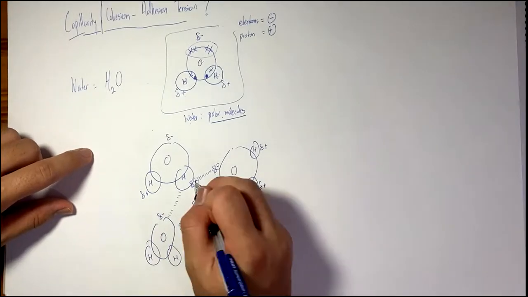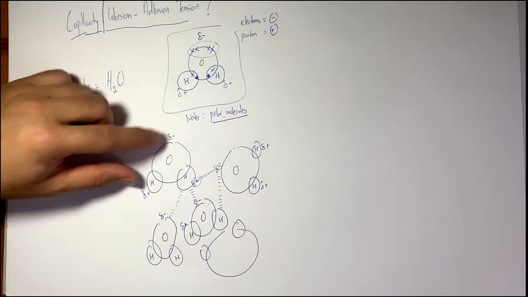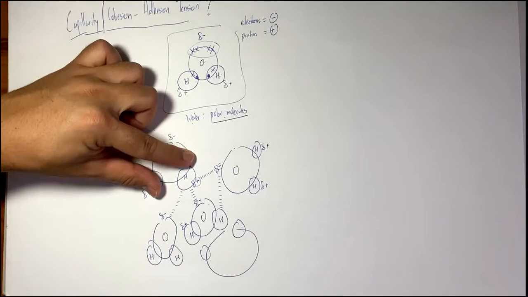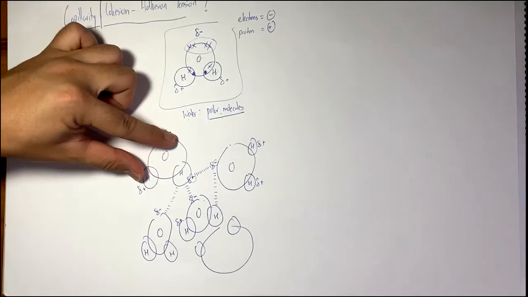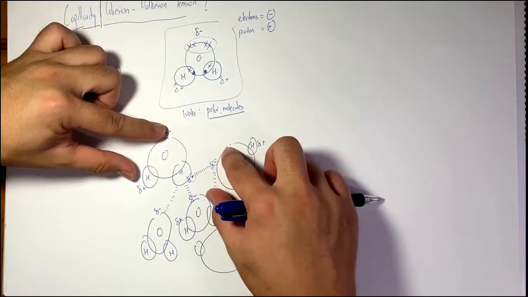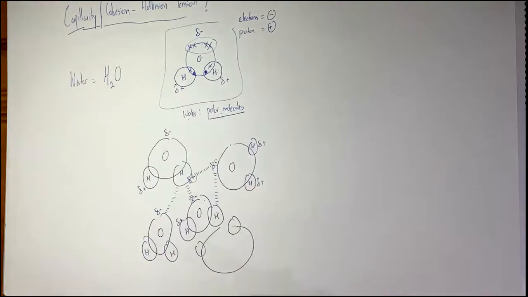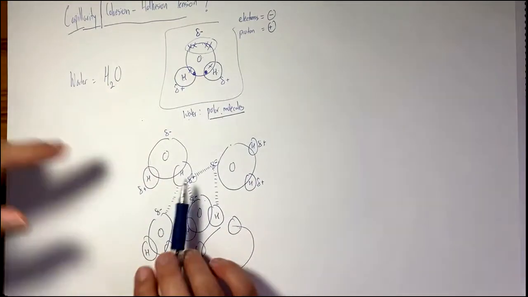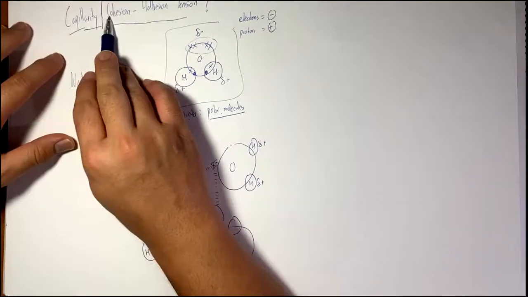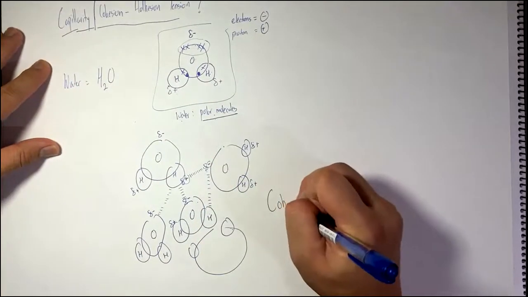Negative, positive, they will get attracted. So this is what happens. If you take one molecule of water, a lot of the molecules of water will actually follow along as well. And this property is what we call the cohesion property. So this is cohesion.